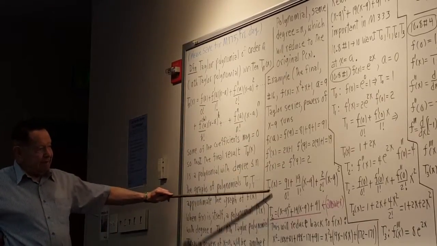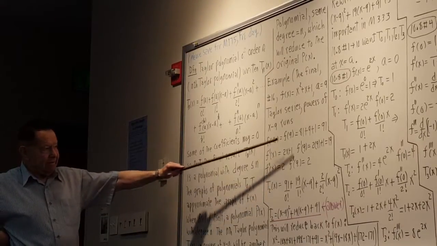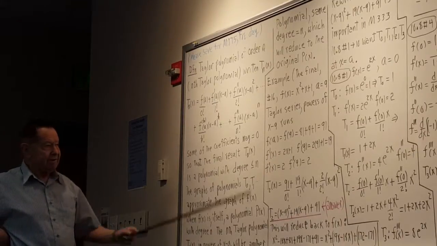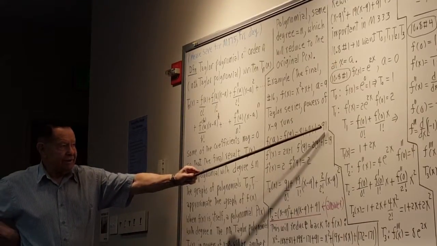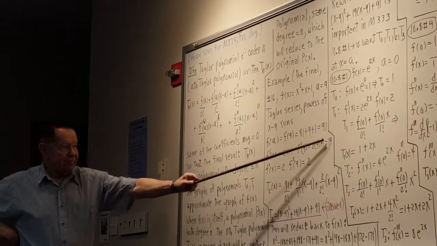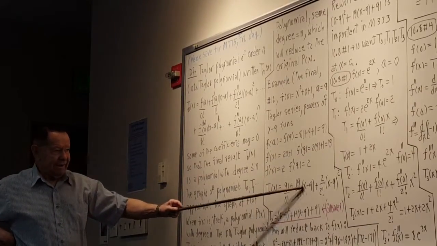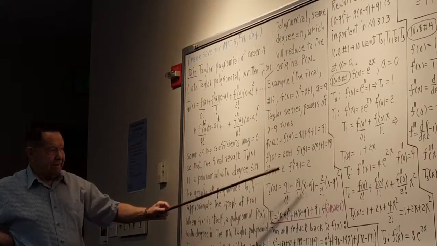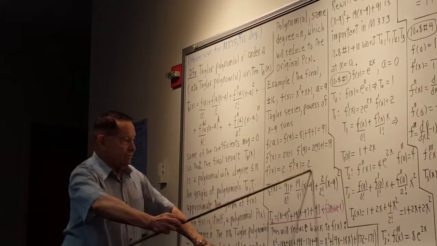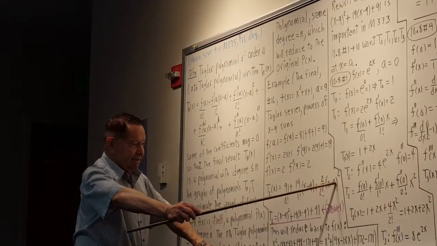So then T2 is your Taylor polynomial built like the first 3 terms of your Taylor series. So it's your f of a over 0 factorial. It's f prime of a, which is 19 over 1 factorial, x minus a. Then it's the 2, which is f double prime over 2 factorial, x minus a squared.